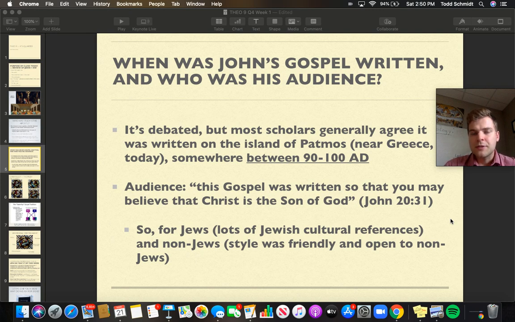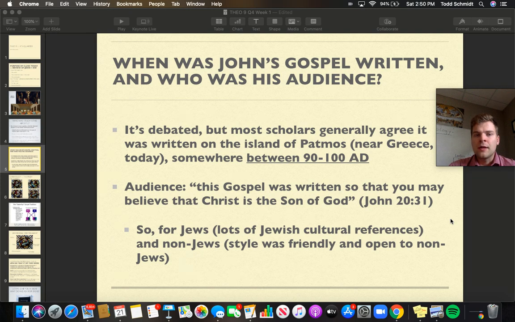Most experts would agree that John wrote his gospel somewhere between 90 to 100 AD. He also wrote, as you know, the book of Revelation and 1st, 2nd, and 3rd John, which are basically short letters that he wrote.